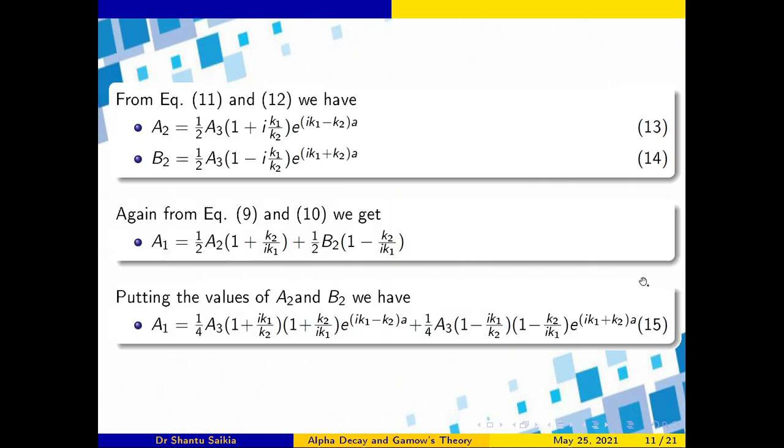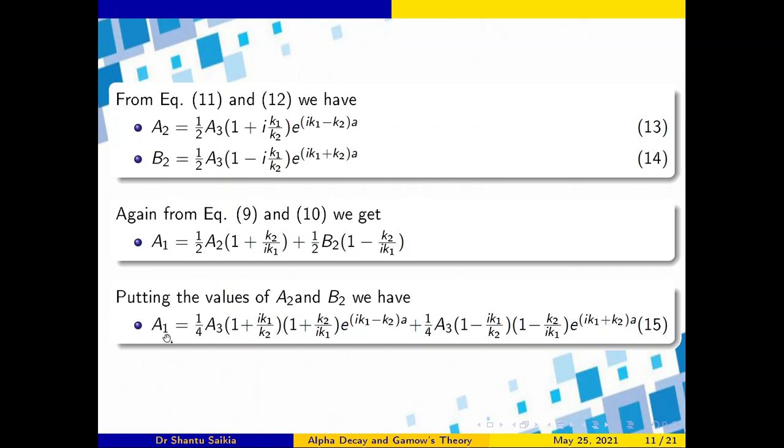In equation 15, the first term goes as e to the power i k1a and e to the power minus k2a. Since k2a is very large, e to the power minus a large quantity goes very near to 0. So we can neglect this term in the equation.